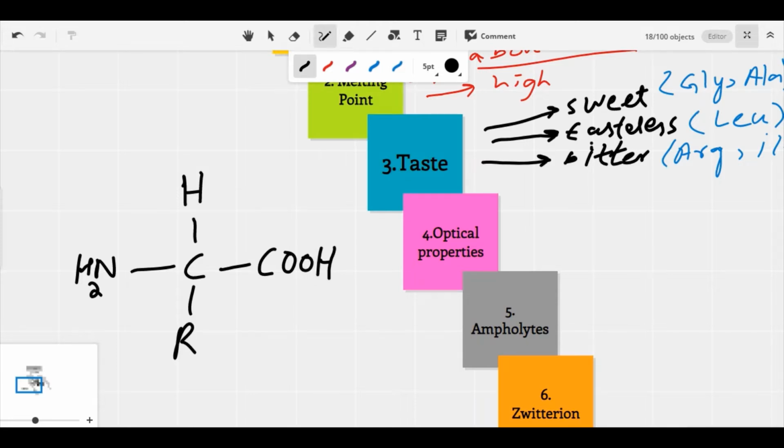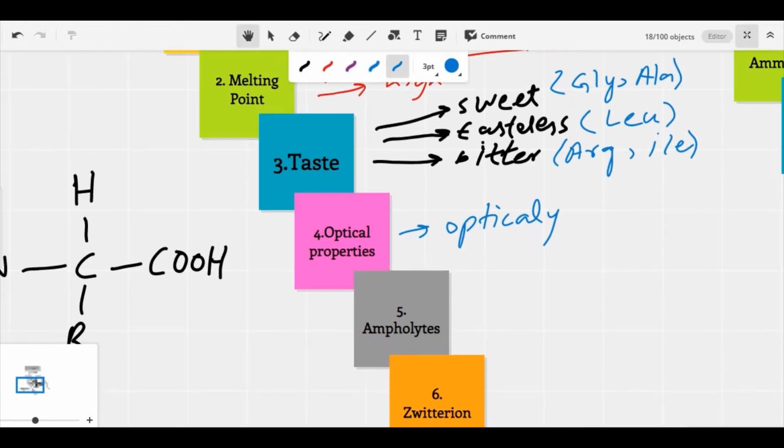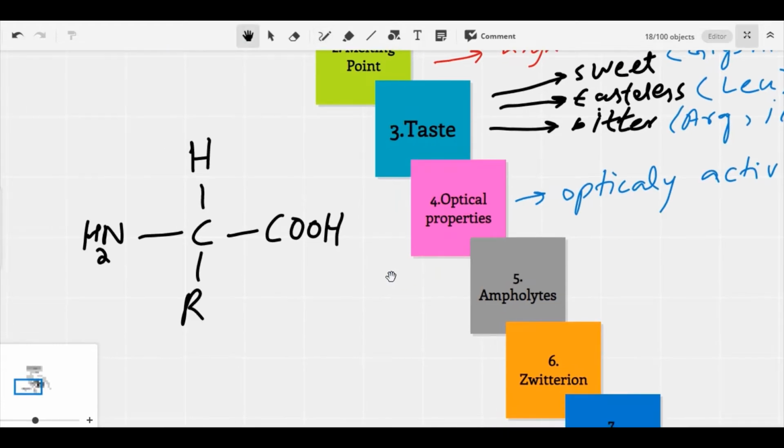So mostly the amino acids are optically active, because of the four different groups on the central carbon, except glycine, because in glycine, instead of R, hydrogen is present.